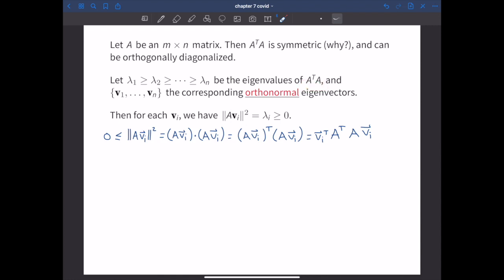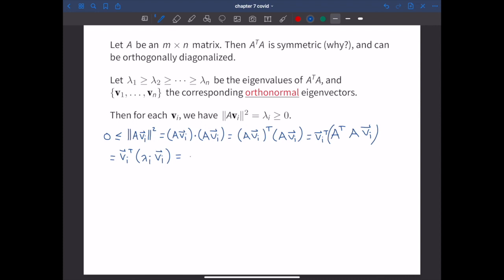Now remember, these V vectors are the eigenvectors of A transpose A. So when we look right here, we see A transpose A times VI. Since VI is an eigenvector of A transpose A, that's just going to be VI transpose times lambda I VI.